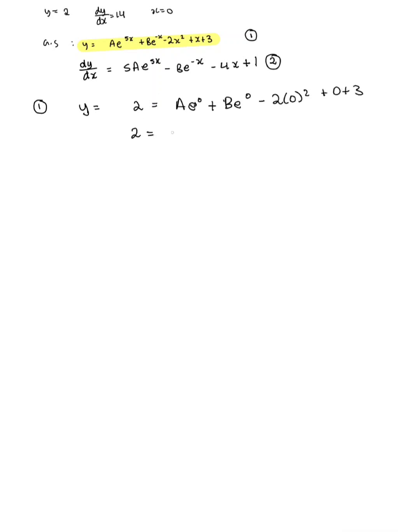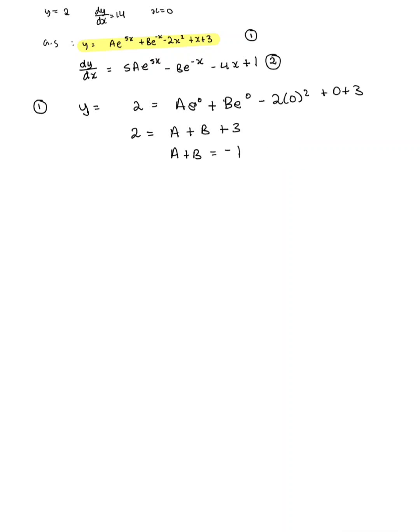So simplifying this down will give us A plus B plus 3. And then rearranging this will give us A plus B equals minus 1. And that is our first equation here.